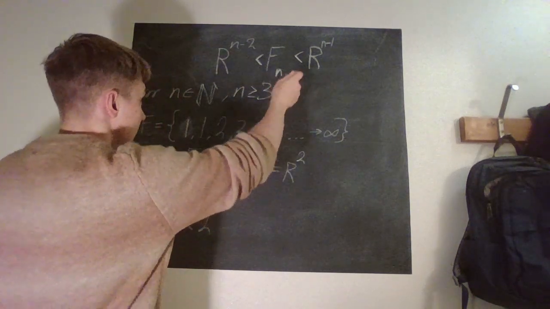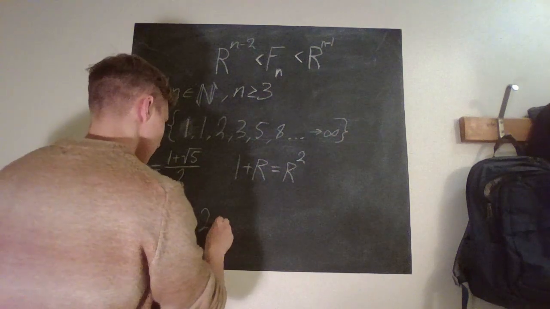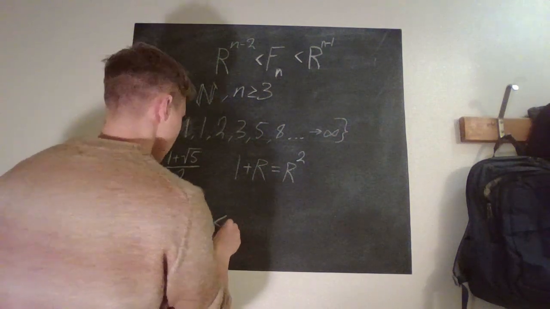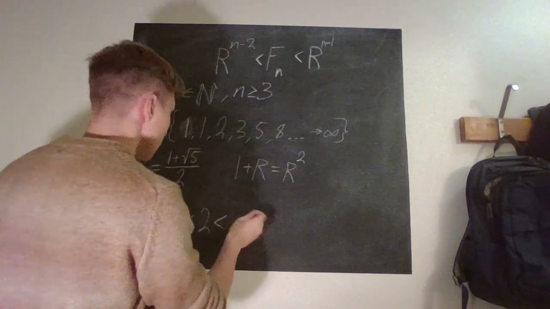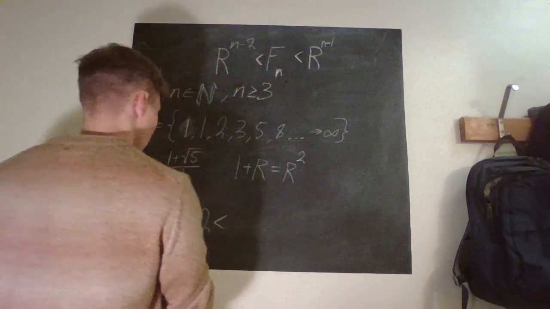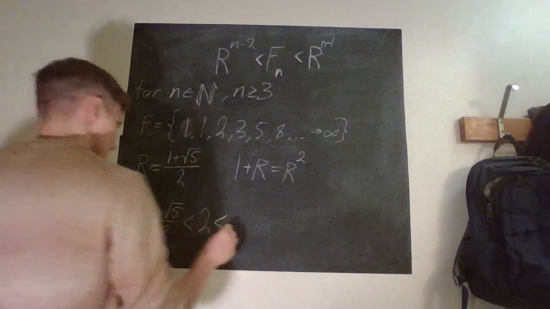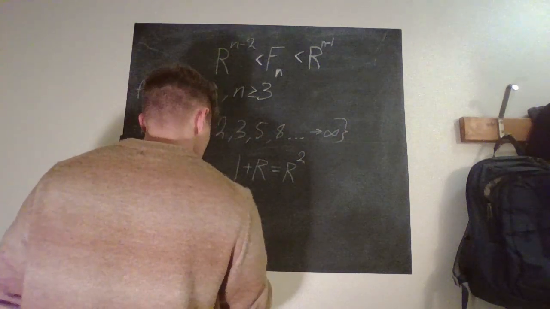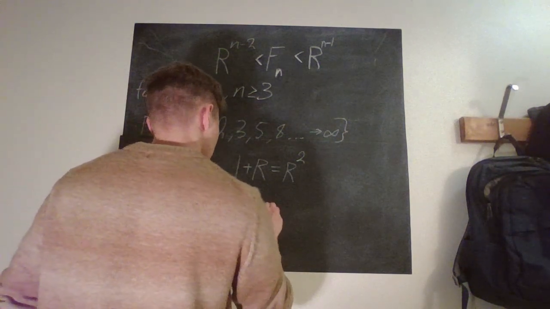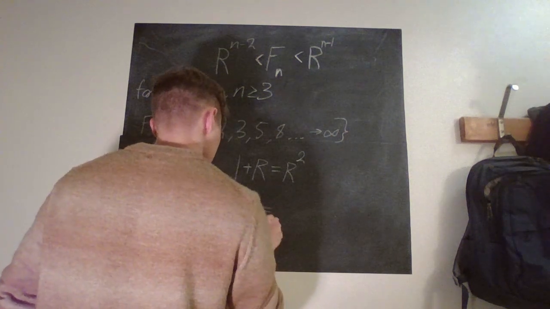And this should also be less than r to the power of 2, which is 1 plus r, which is 3 plus the square root of 5 over 2.